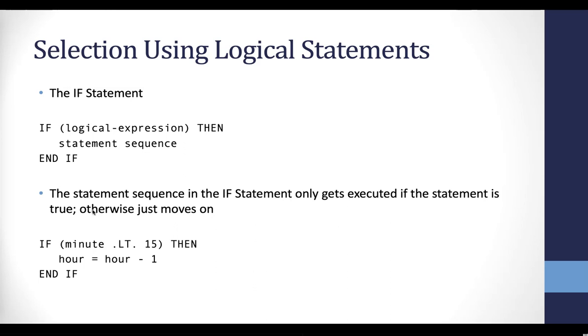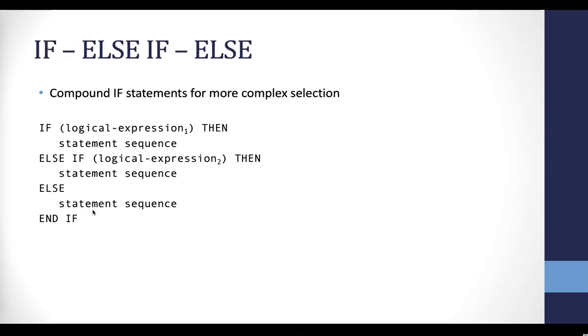We can get more complex. The full if, else statement is structured as this. And so we can have if, one logical expression, then do this. And if this is true, then it's only going to work this first statement sequence and then move on to the end if and continue on with our sequential program.